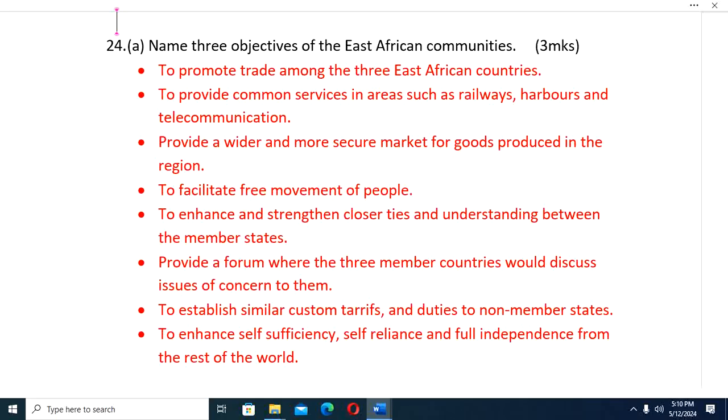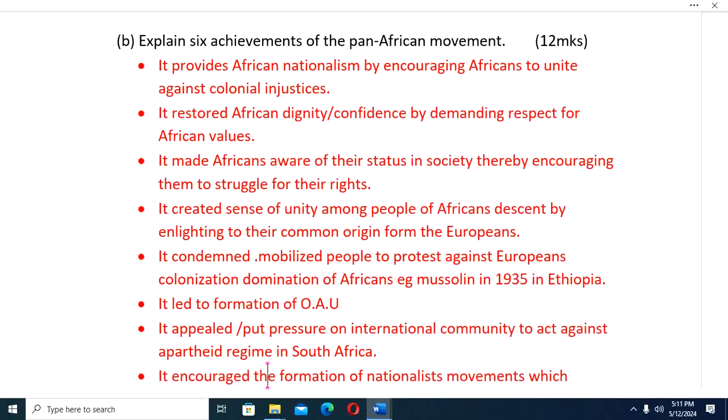Next, to establish similar custom, tariff, and duties to non-member states. Next, to enhance self-sufficiency, self-reliance, and full independence from the rest of the world.